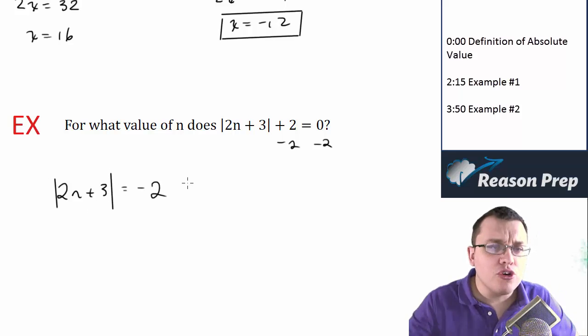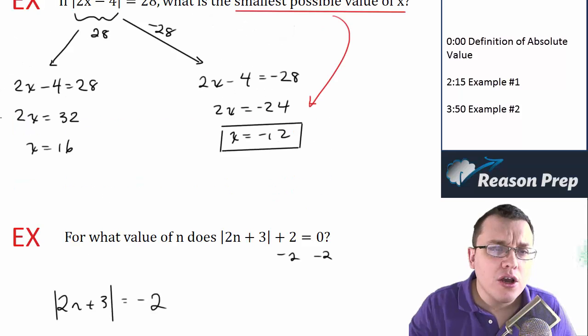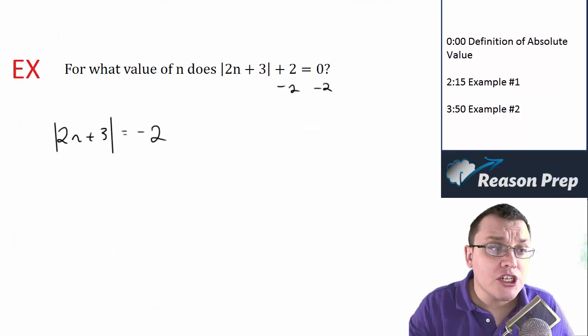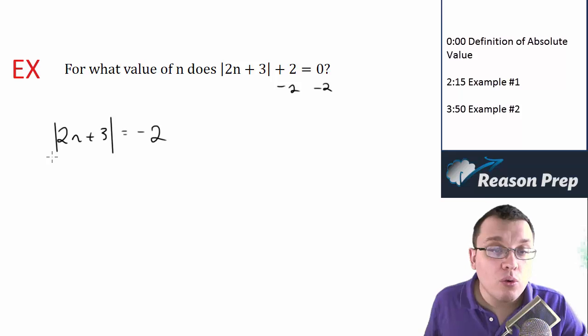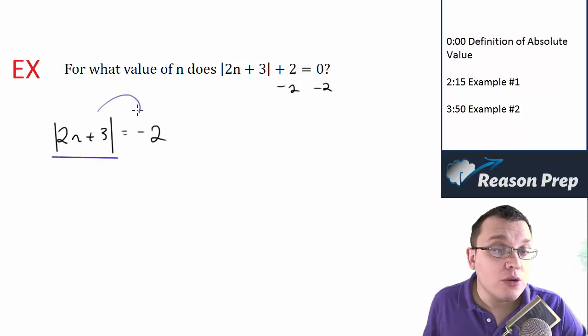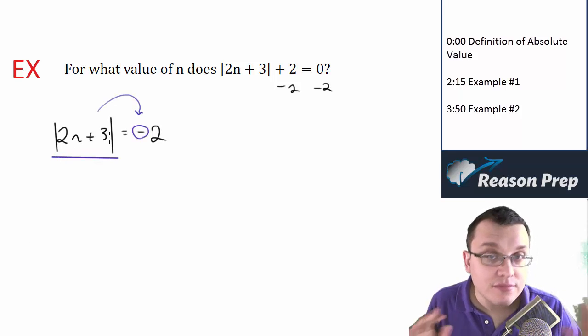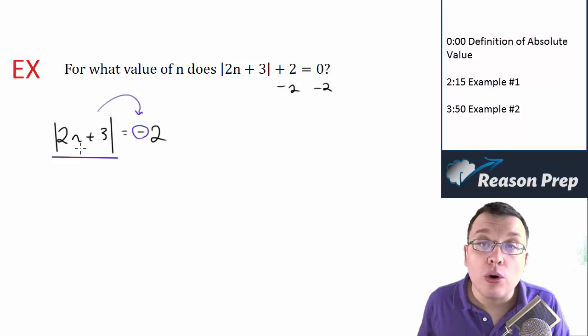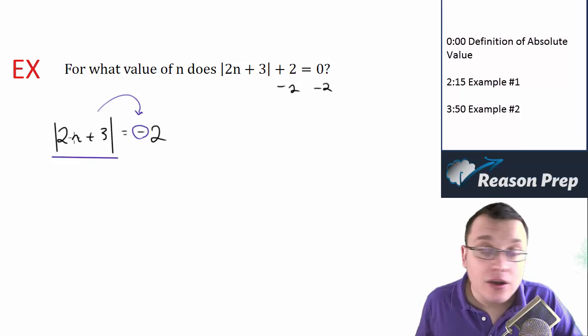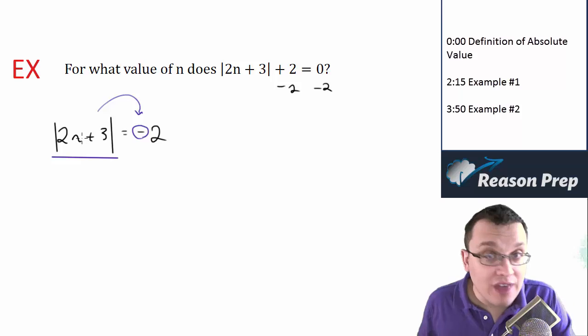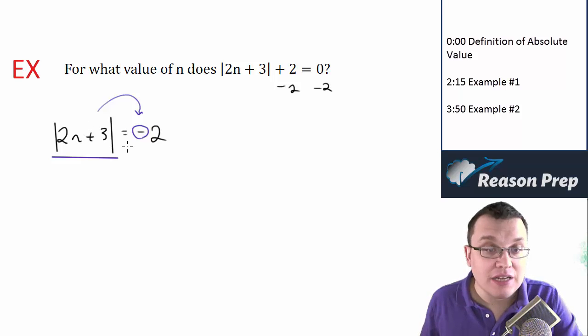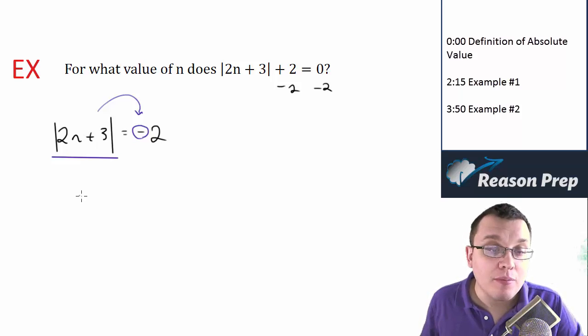Now, before you go on and try our little trick here, notice that we have kind of an issue. When will this ever equal something negative? Never. This is always going to be positive. No matter what n goes in here, the absolute value will turn that number positive. So this can never equal a negative number.